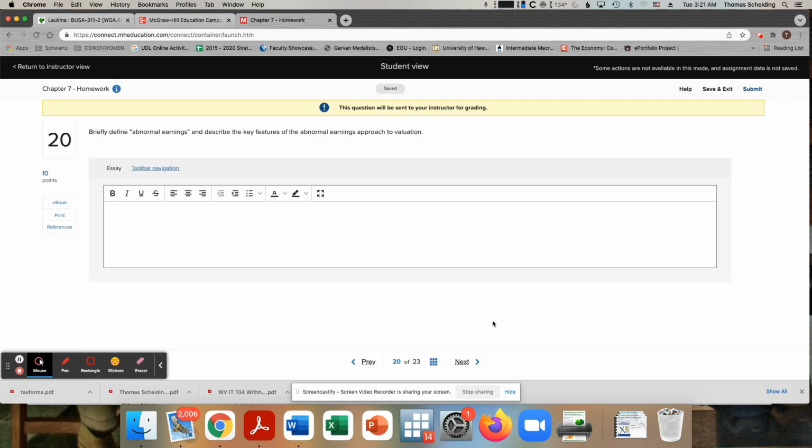Okay, so then I ask you to define for me abnormal earnings and how that affects how we look at things in terms of the valuation process. Abnormal earnings means there's a difference between the earnings that are actually announced and what the shareholders basically need as a return on their invested capital.